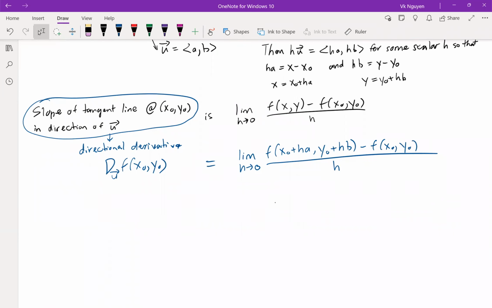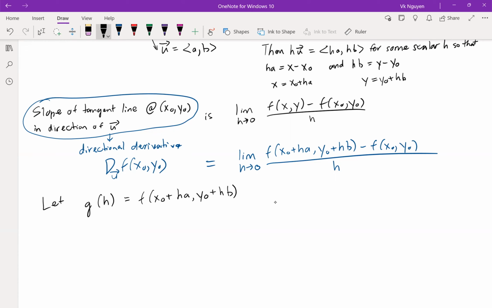Okay. I'm going to let g(h), because this is the limit as h goes to 0 here. So we can have a function g(h) to be f(x naught plus ha, y naught plus hb).